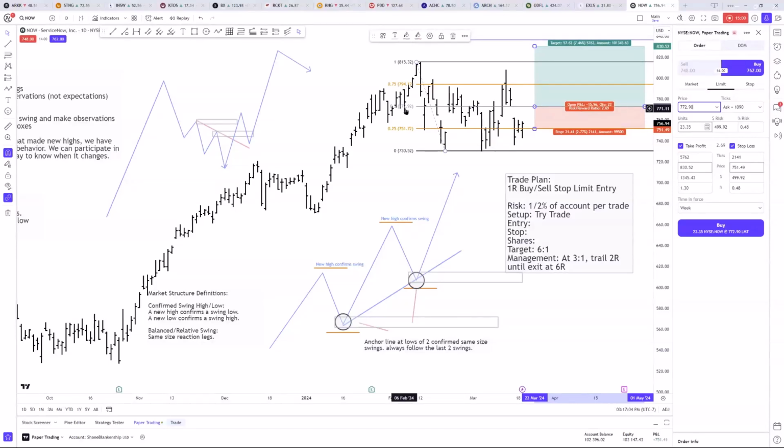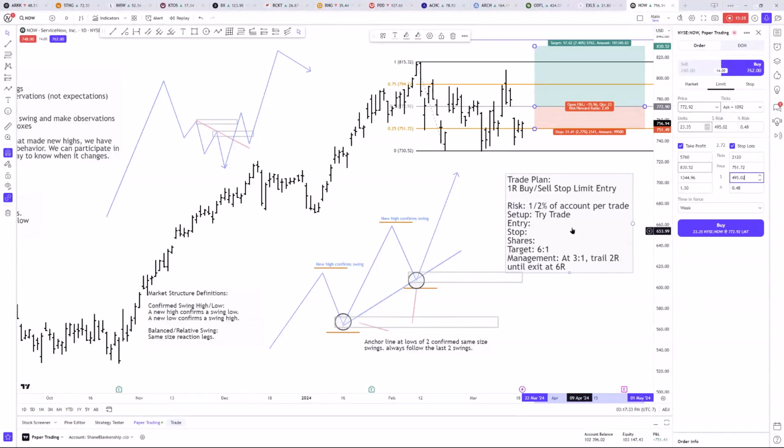So 772.92 is going to be the exact entry. The exact stop, right? We're becoming very precise in our actions. 770. And there's no messing around with this after you've set the plan. That's the point, right? This is about learning discipline.